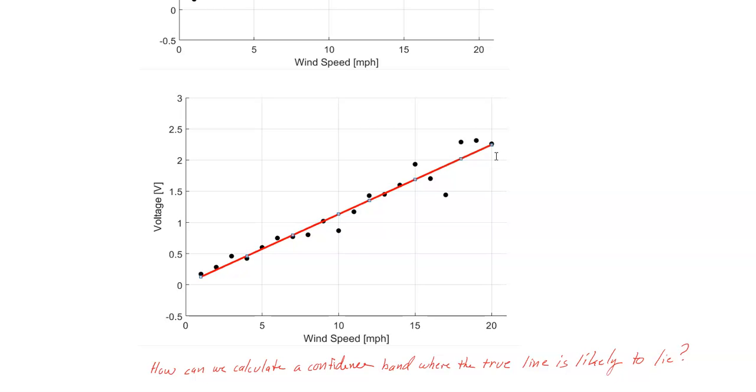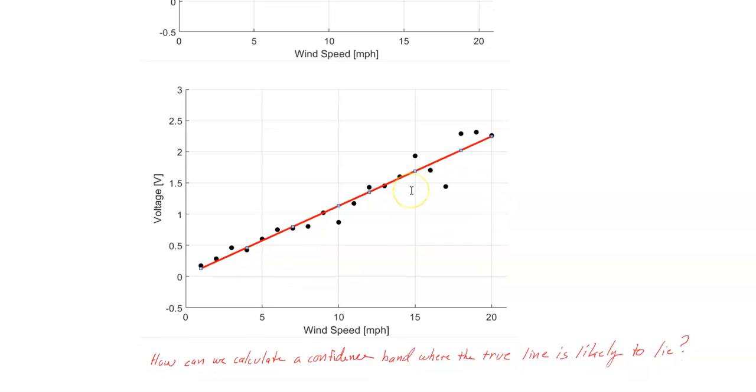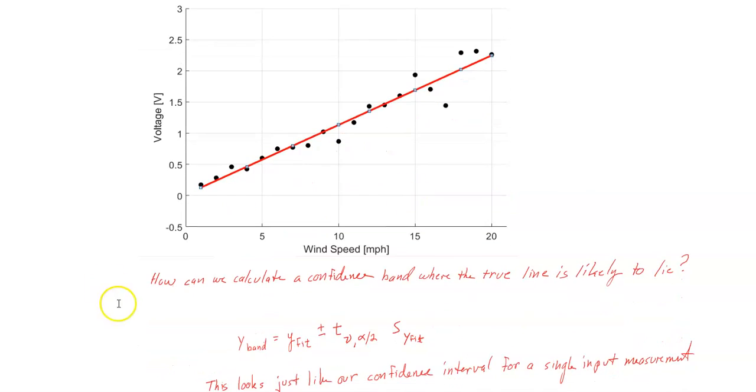And so we have some uncertainty here because we didn't get 100 points at each wind speed, and we didn't calibrate at wind speeds from 1 mile per hour to 20 miles per hour in increments of 0.1, right? And so we know that if we only took these 20 points here, there's going to be some uncertainty in that fit. So the question becomes, how can we calculate a confidence band where the true line is likely to lie?